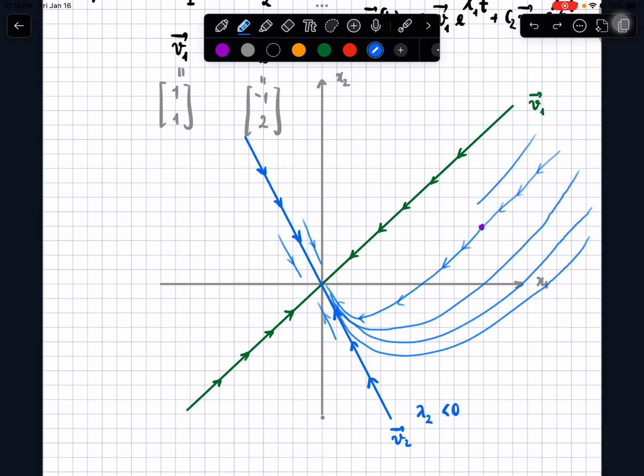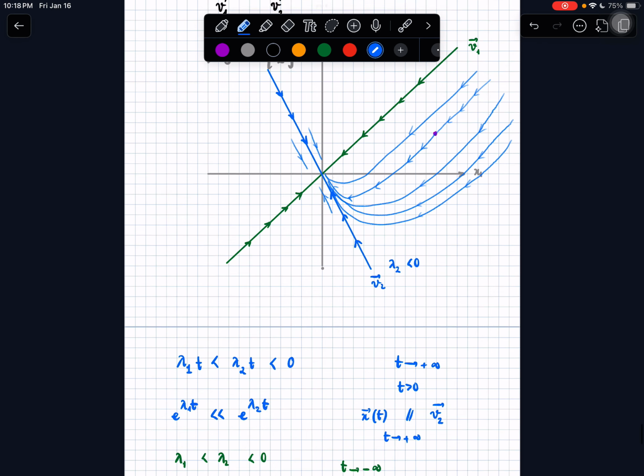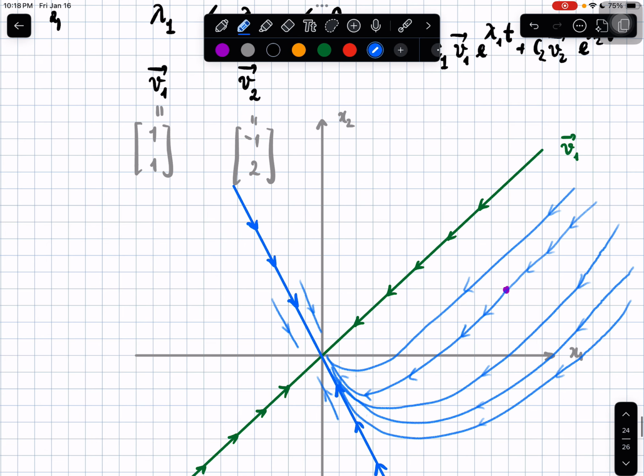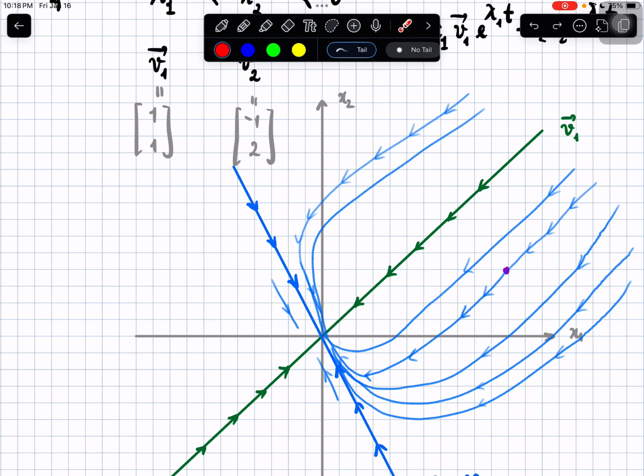So that's the idea. For the other three corners, you do the same. When t is minus infinity, it is just parallel to the green one. Eventually it just approaches this line, the line of v2.